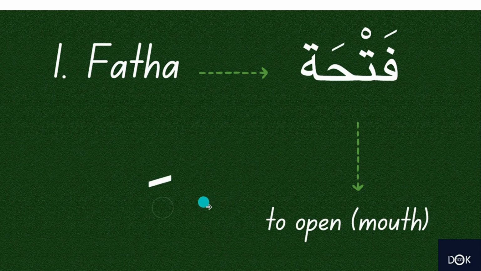This small circle represents any Arabic letter, and this is a fatha, which is a small diagonal line placed over it. Now, the sound of fatha is exactly like the sound of vowel A in English, and we are going to place fatha over a few letters and see what it does to the letter.